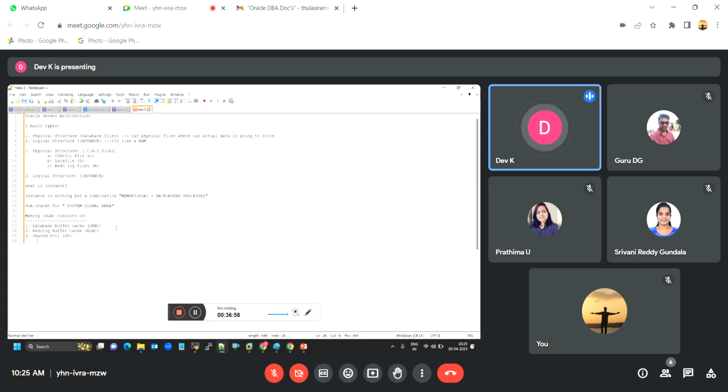Inside the shared pool, we have two more components: the data dictionary cache, DDC, and the library cache.